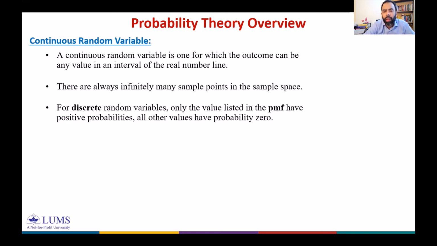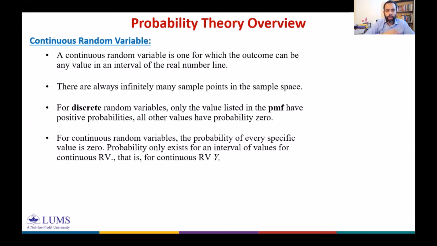But for a continuous random variable, outcomes can be any value in an interval or in the whole real number line. For a continuous random variable, the probability of every specific value is 0. Probabilities only exist for an interval of values or for a continuous set of values.